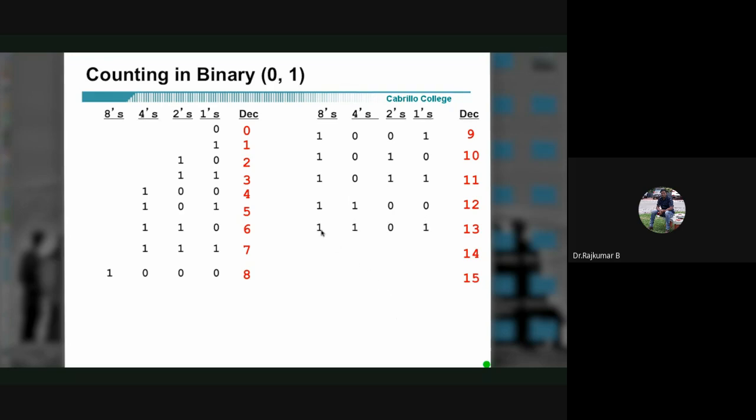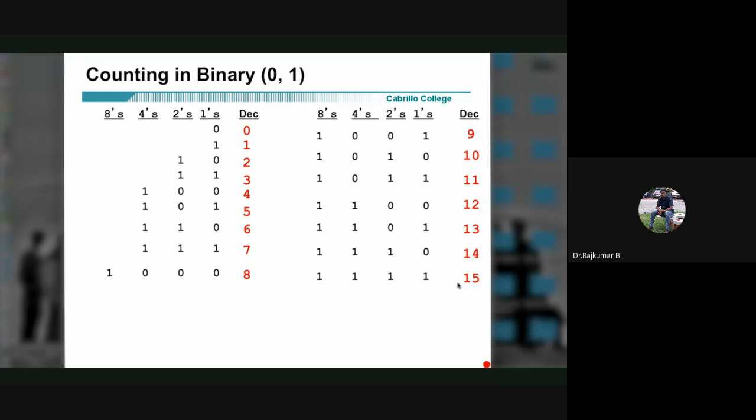So 13 is 1 in the 8s plus 1 in the 4s is 12, plus 1 is 13. 14, 15. 15 is 1 in the 8s plus 1 in the 4s plus 1 in the 2s plus 1 in the 1s. 8 plus 4 plus 2 plus 1 is 15.